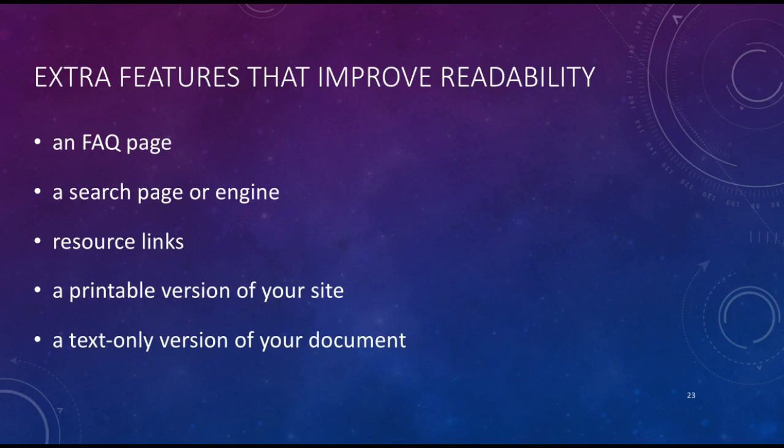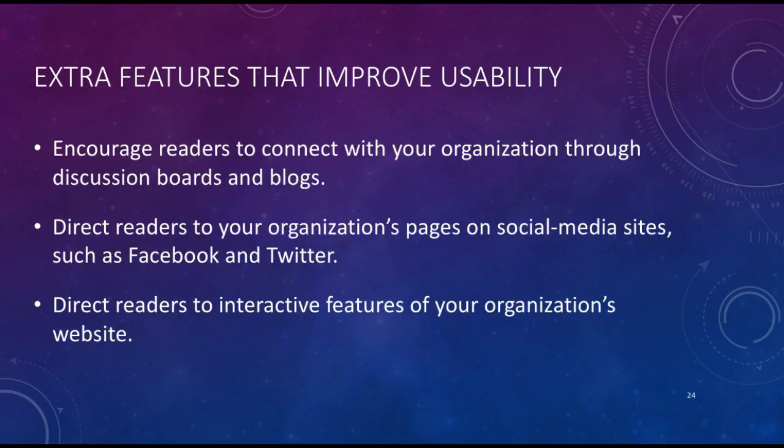Some extra features that you might consider include an FAQ page, a search page, resource links, a printable version of your site, or a text-only version of your site. Any of those elements can improve the readability. Encourage readers to connect with your organization through discussion boards and blogs.